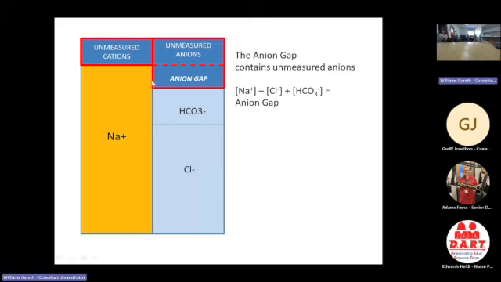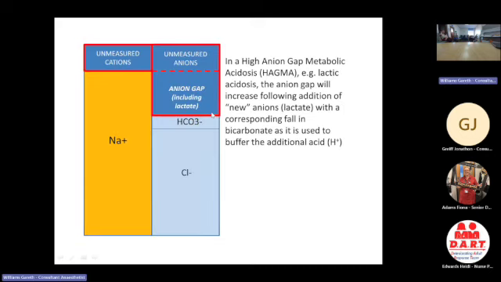If you include potassium, you could add in magnesium, because we get those on the gases. This is what we're not measuring coming from our proteins or sulfates or phosphates or normal lactate, and that's never greater than about 18. If we see this picture, we've got a drop in bicarb, it's because there is another acid that we're not measuring, and the bicarb is buffering it and reducing quantitatively with that acid. And the two obvious examples, as I said, yeah, DKA, lactic acidosis.